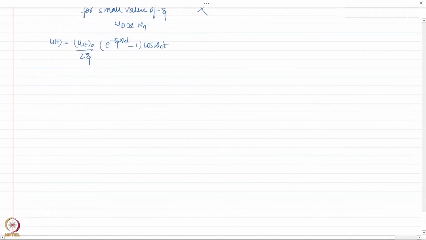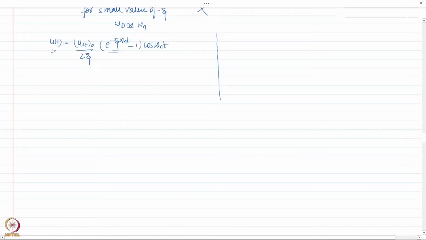Now we have this system. Let us see how it looks if we plot it. Can I say that as you increase the value of t, this term would reduce to 0, but overall my u(t) would never go to 0?